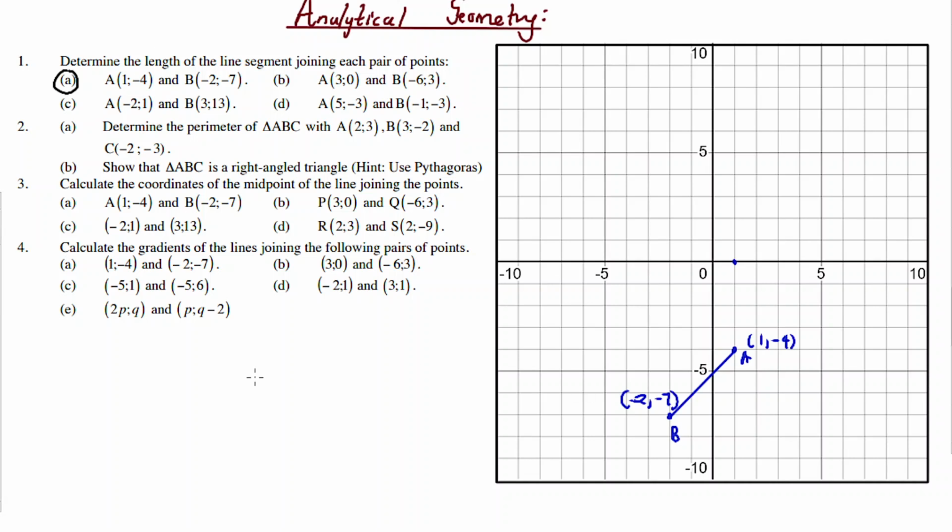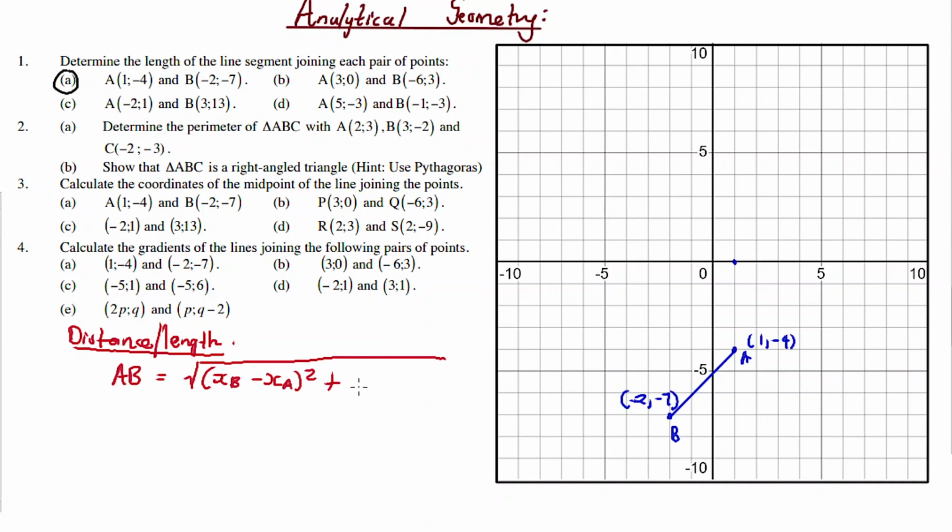So they want us to calculate the distance, or the length. How do we calculate the length? We're going to say length AB is equal to the square root of xb minus xa squared plus yb minus ya squared.